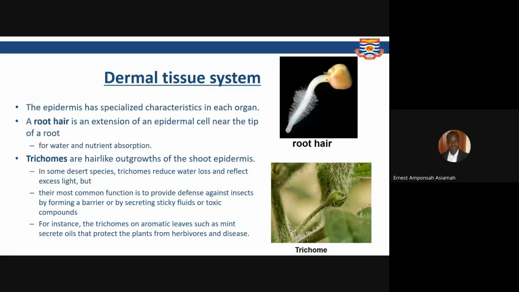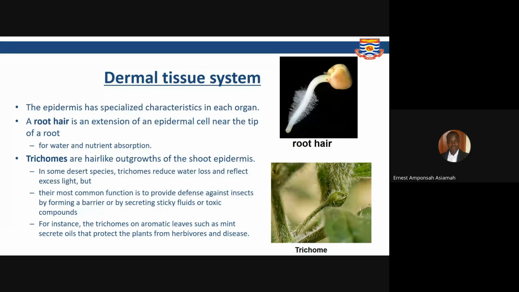In desert areas, plants will be losing water, and when they have trichomes, the hair-like outgrowths of the shoot, they tend to lose less water. In some desert species, the trichomes reduce water loss and can also reflect excess light. They also have another function, which is to provide defense against insects.